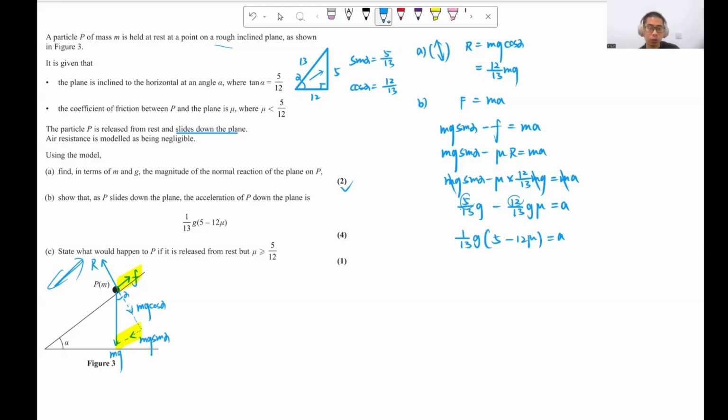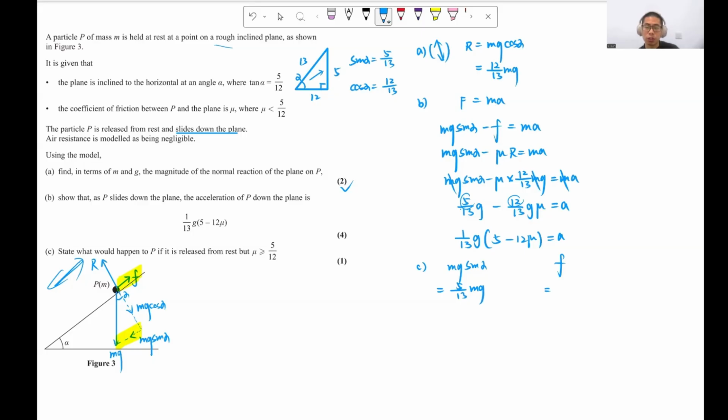So we have to use the forces parallel to the plane. The only two forces I already highlighted here are mg sine alpha and the friction. So mg sine alpha, we know sine alpha is 5/13, so 5/13 mg.